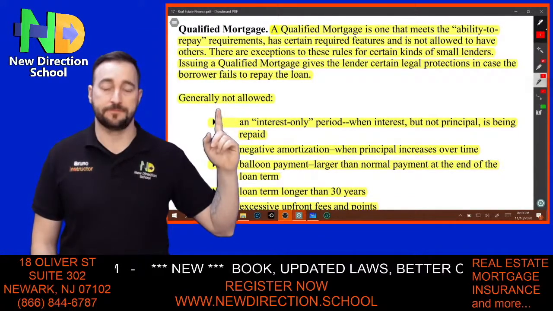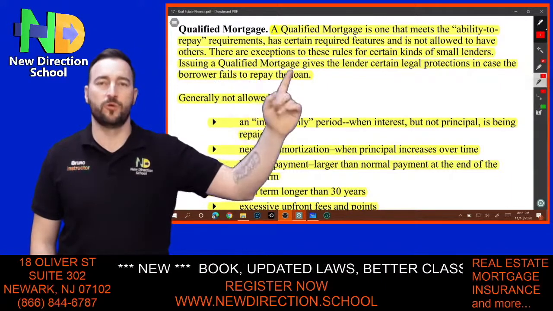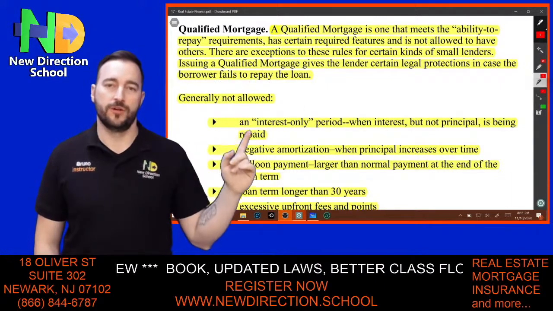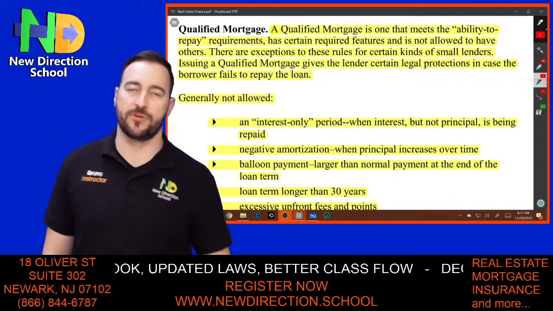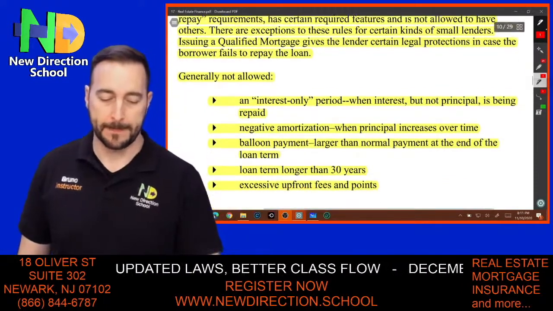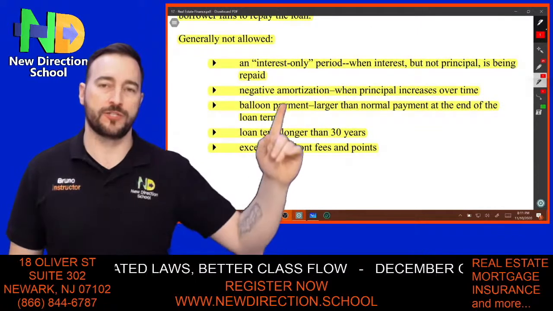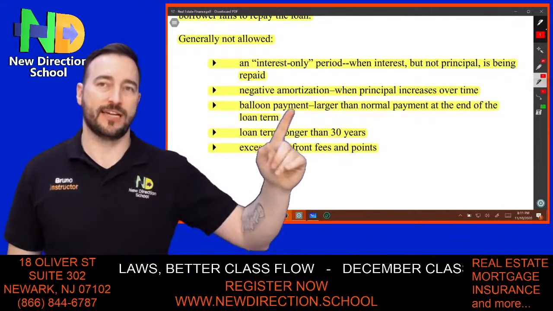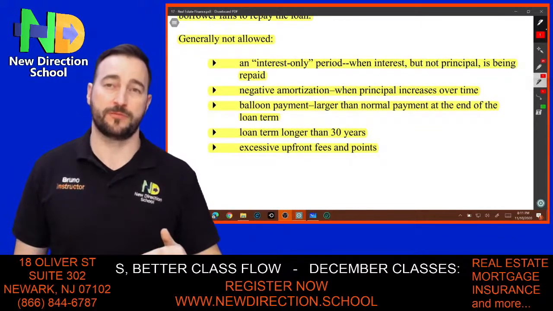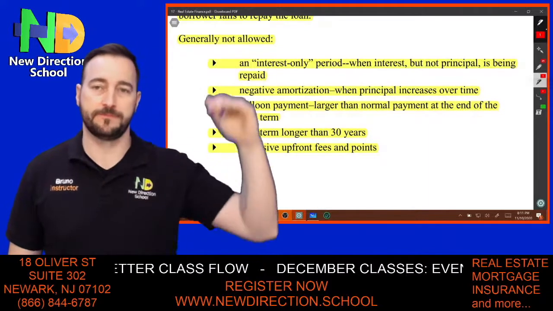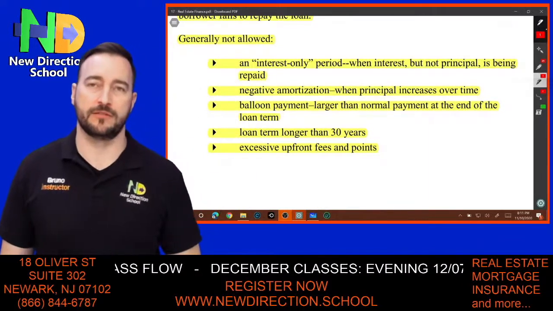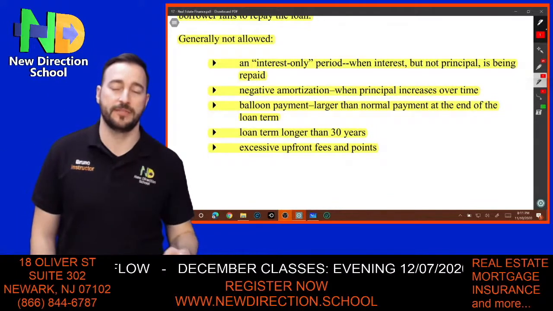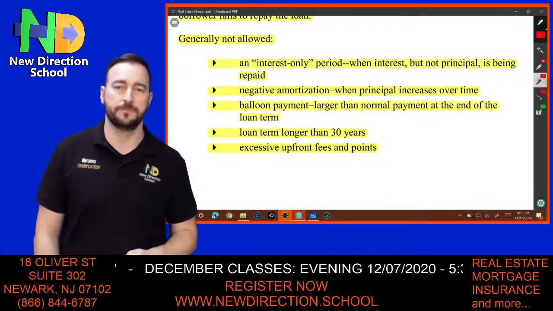Generally, in a qualified mortgage, we're not allowed to have an interest-only period, when the interest but not principal is being repaid. We cannot have negative amortization, which means the principal, instead of going down, goes up. Okay? We cannot have a balloon payment, which is a larger payment than the normal payment at the end of the loan term.